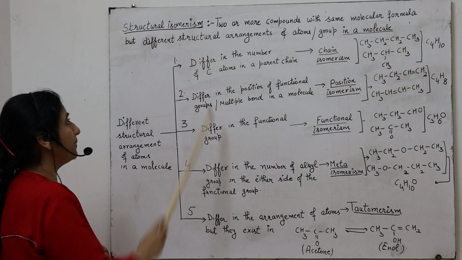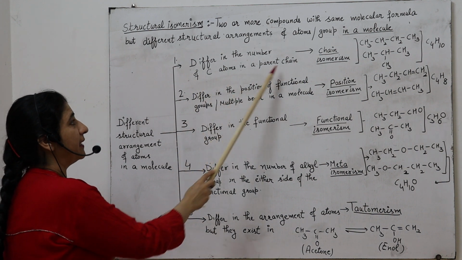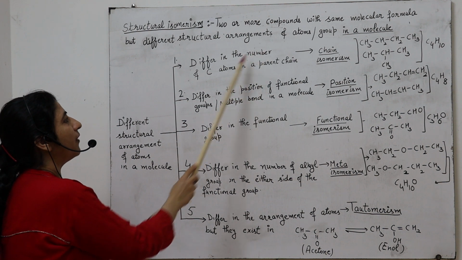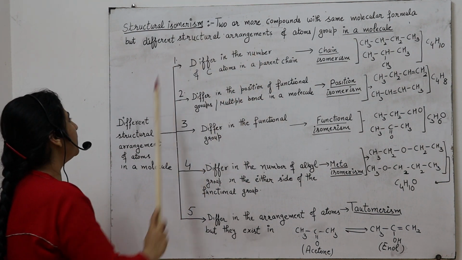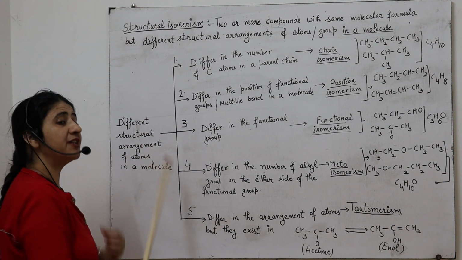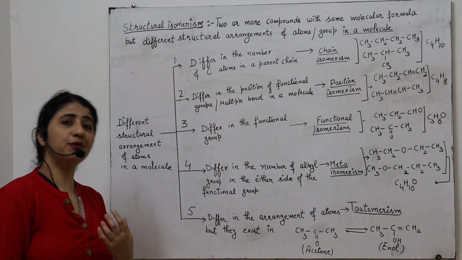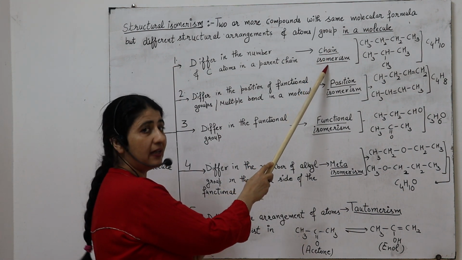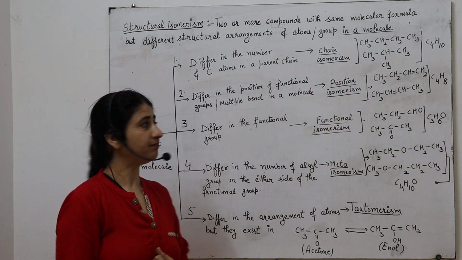Number 1: they may differ in the number of carbon atoms in a parent chain. Due to the difference in the number of carbon atoms in a parent chain, the compounds show different structural arrangement, meaning they show different physical and chemical properties. These compounds are known as chain isomers and this phenomenon is known as chain isomerism.